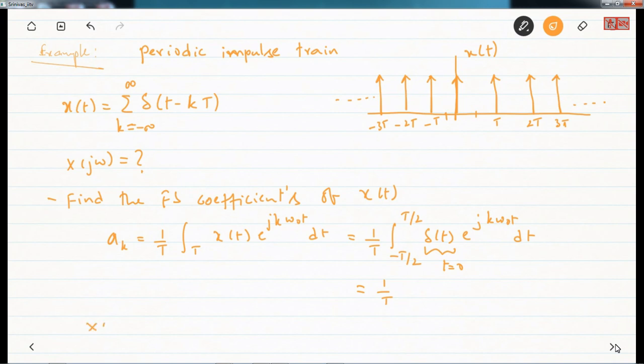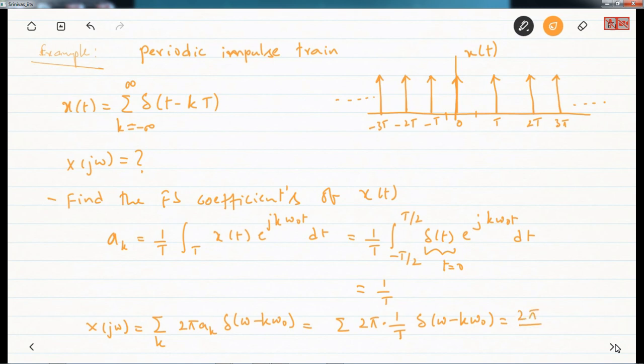Now use the formula: the Fourier transform x of j omega is the summation of 2 pi a_k delta of omega minus k omega naught. So that is equivalent to the summation of 2 pi into a_k, which is 1 by T. So a_k is equal to 1 by T for all k, times delta of omega minus k omega naught.